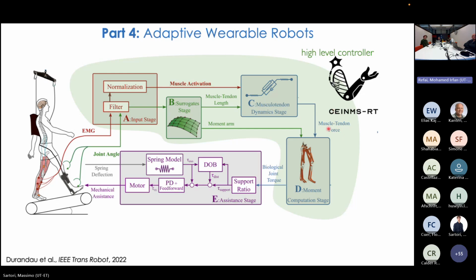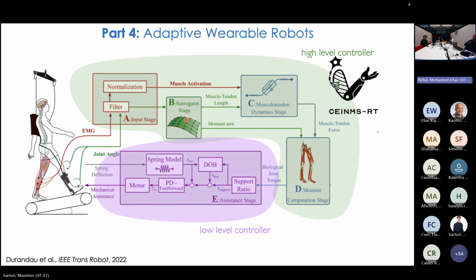And muscle tendon force is then multiplied with moment arms to predict, in this case, joint moments. In this way, we predict the biological joint moments in a target joint, in this case the ankle joint. And these biological joint moments now become the reference torque for the low-level controller, in this case of an ankle exoskeleton. So these CEINMS-estimated joint moments become the reference torque that needs to be tracked by the ankle exoskeleton in order to assist the subject, in this case during walking trials.